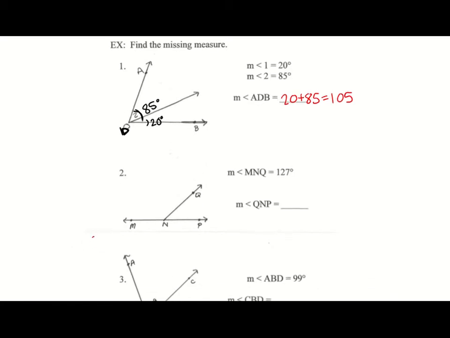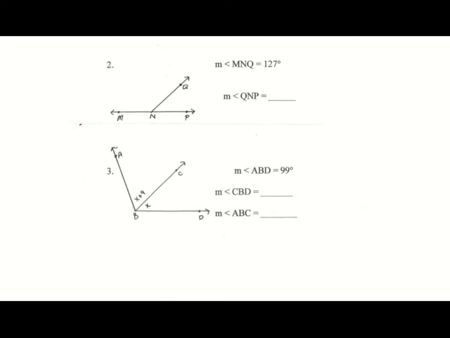Okay, example number 2. Our given information here says that the measure of MNQ is 127 degrees. So MNQ is this angle right here. That is 127 degrees. Here, this angle MNP, that is a straight line. And a straight line always has 180 degrees.